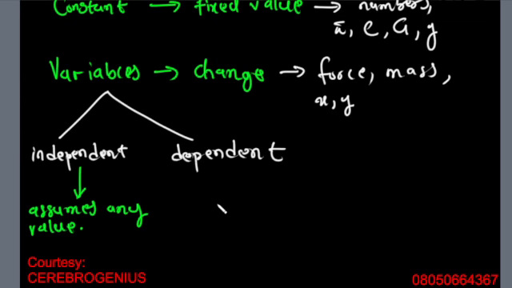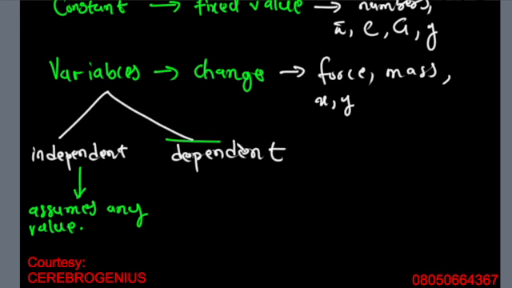So a variable that is independent is going to assume any value it likes, and the value is not affected by the value of other variables. That's when it is independent. From the word independent, that means that it can stand on its own.